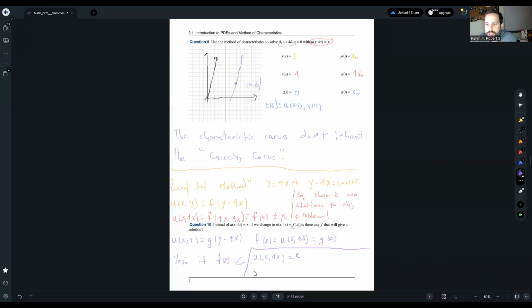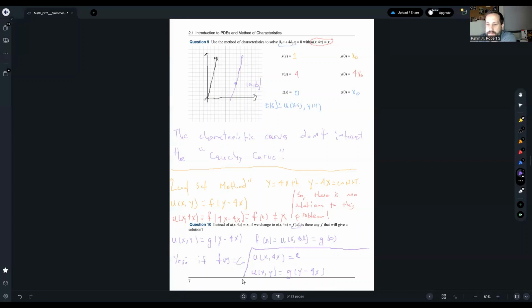And so the solution is going to be u of x, y is equal to some function g of y minus 4x.